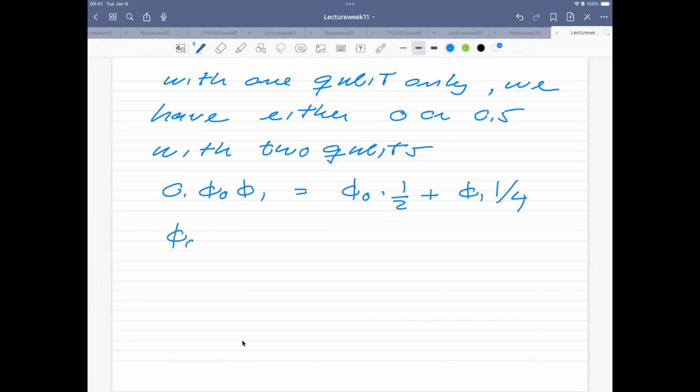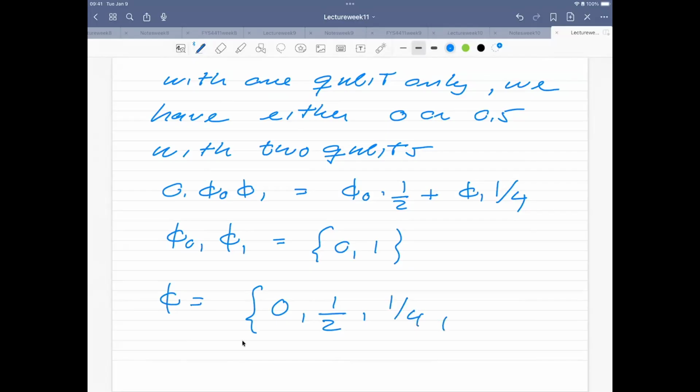And both of these, phi 0 and phi 1, take values between 0 and 1. That means the final phi can be either 0, if both are 0, or 1/2, if phi 0 is 1 and phi 1 is 0. Alternatively, we can get 1 divided by 4, but we can also get 3 divided by 4.